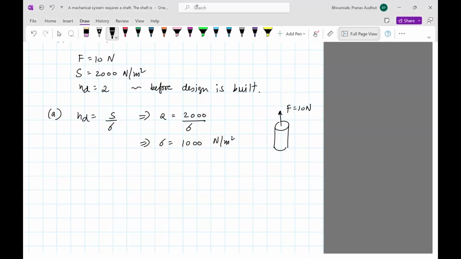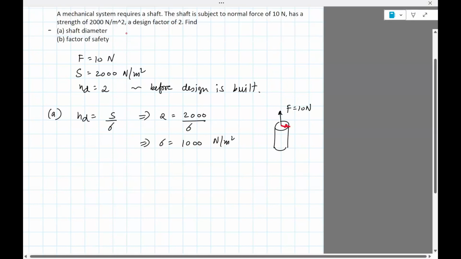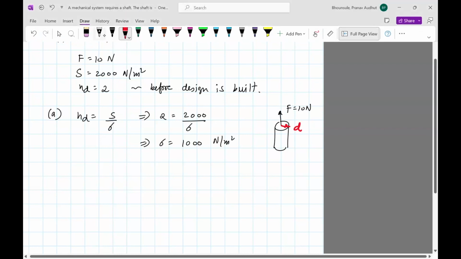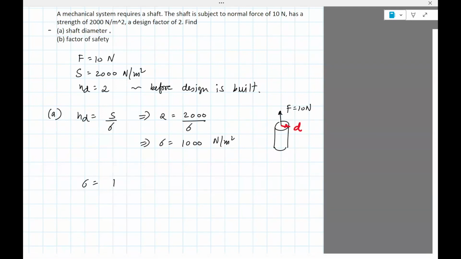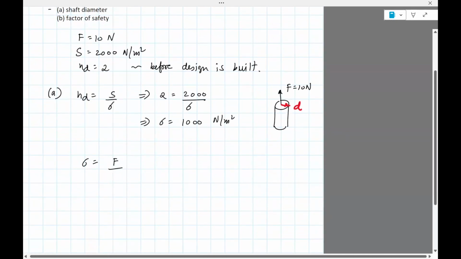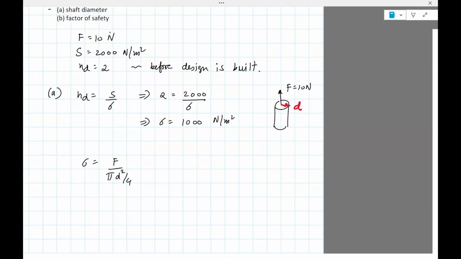And this shaft has some diameter, d. And so we know that if a shaft is subjected to an axial force like so, the stress, sigma, is force divided by the cross-sectional area. So it's pi d squared divided by 4.